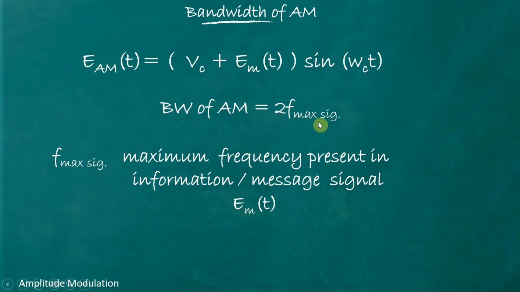F max of signal means the maximum frequency of the modulating signal or information signal or baseband signal, right? F max of signal is nothing but the maximum frequency present in the information or message signal or baseband signal, means EMT or VMT. So this is the important relation, and you can easily find out the bandwidth, right?